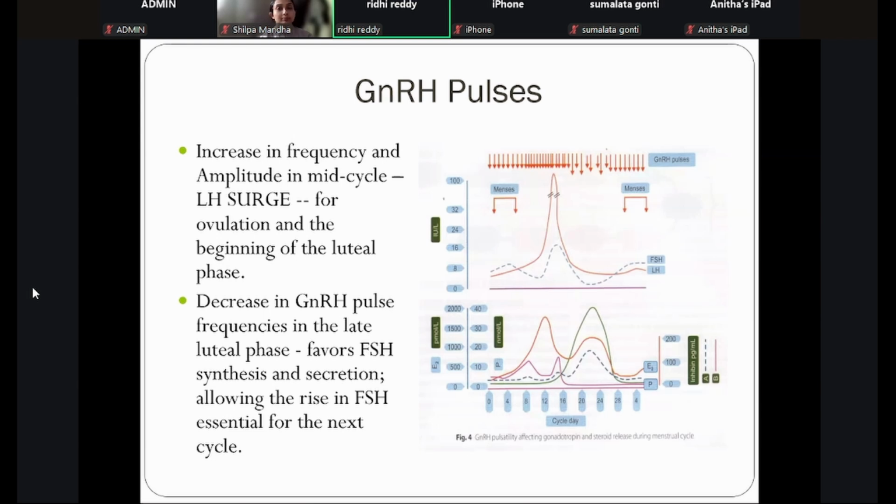Here we can see first the low frequency pulses increase, then when you come to the mid follicular phase, there is an increase in frequency and amplitude, which gives rise to the LH surge for ovulation and the beginning of the luteal phase. Whereas during the late luteal phase, there is a decrease in GnRH pulse frequency, which favors FSH synthesis and secretion, allowing the rise in FSH essential for the next cycle.